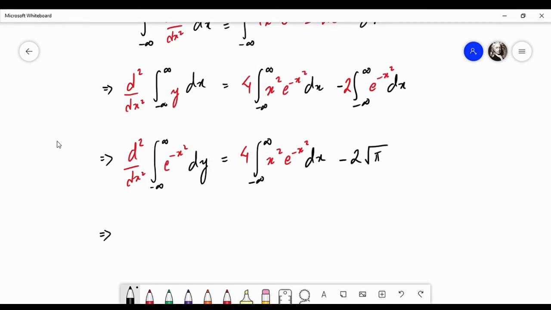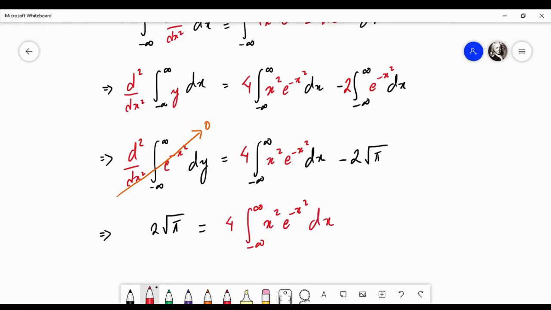Now we know that this whole left quantity is 0, right? Because the integral here is just a constant, and the derivative of a constant is 0. So then I can write 2 root pi equals 4 times the integration from minus infinity to infinity of x squared e to the minus x squared dx.